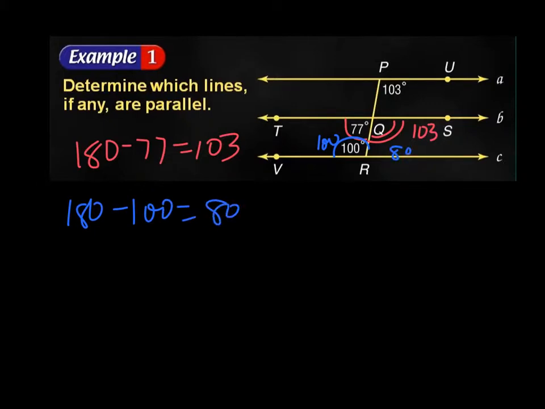So 103 corresponds to the 103, so line A is parallel to line B, but for C to be parallel to A and B, instead of 80, that would need to be 77.